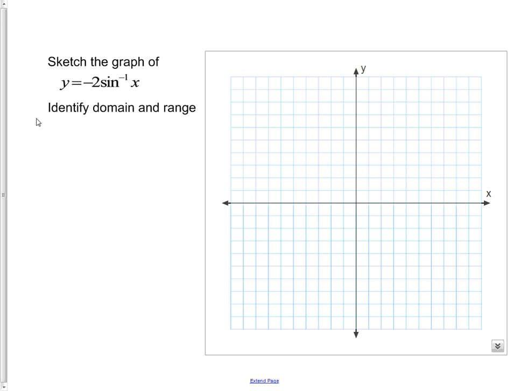Let's say we're told to sketch the graph of y equals negative 2 times the inverse sine of x. What does this negative 2 do? Well, the negative 2 does two things. Number one, there's going to be a reflection of the original graph.